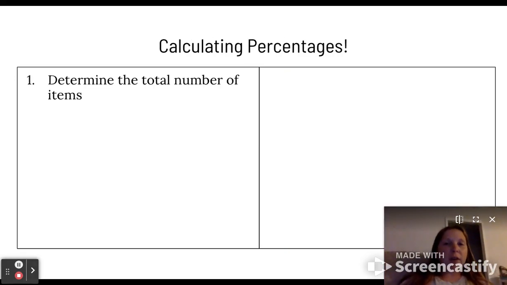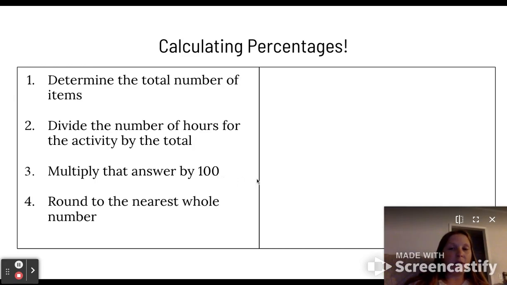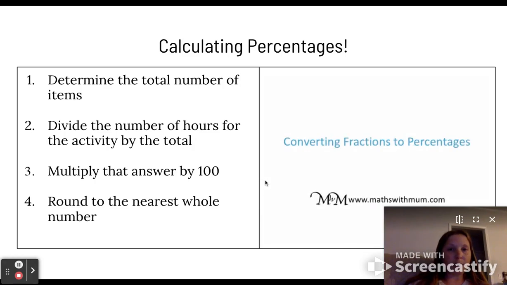So now let's talk about calculating percentages, which is how you would show that data on a pie chart. So first, you have to determine the total number of items. Second, you have to determine the number of hours in each activity by total, which you'll see in a second. You're going to multiply those answers by 100 to get it into a percent, and then you round to the nearest whole number.